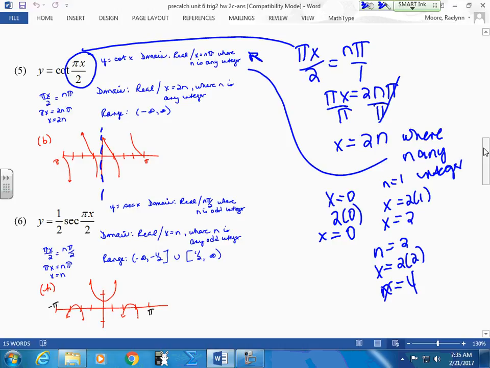So 2 is about, pi is 3.14, pi over 2 is 1.57, so it's between pi over 2 and pi, somewhere around there. If this is where my pi is, it would be right before it.